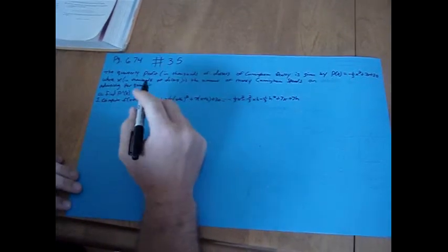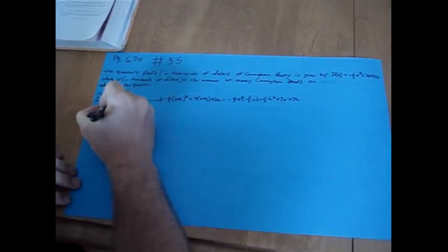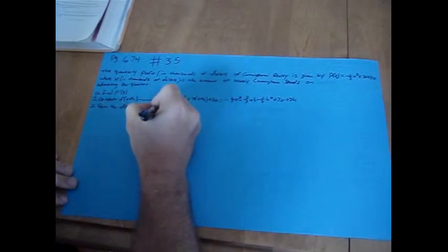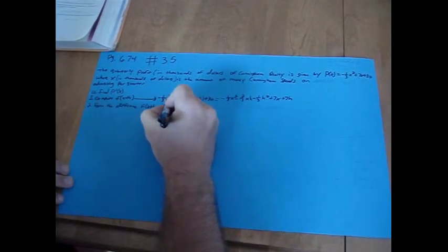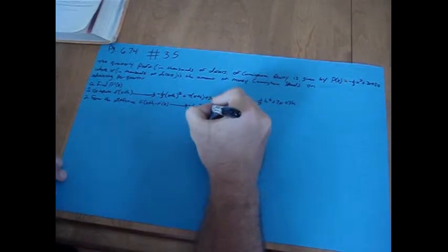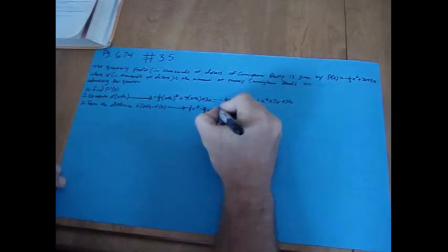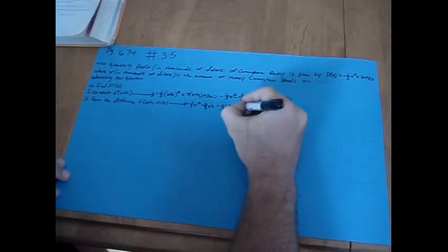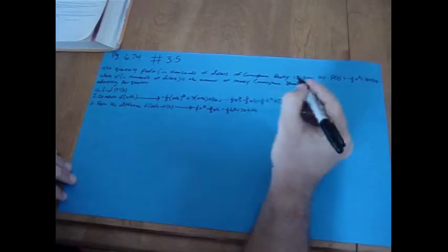Step number 2 is form the difference, f of x plus h minus f of x, which is negative 1/3 x squared minus 2/3 xh minus 1/3 h squared plus 7x plus 7h.